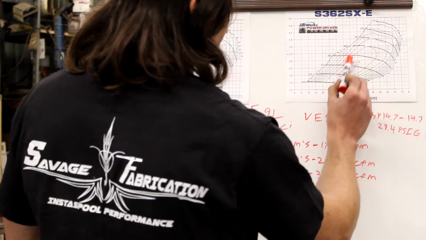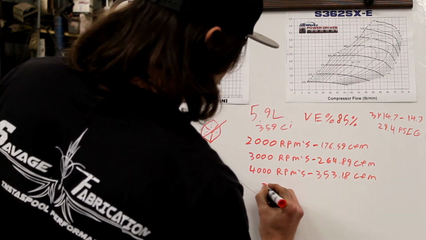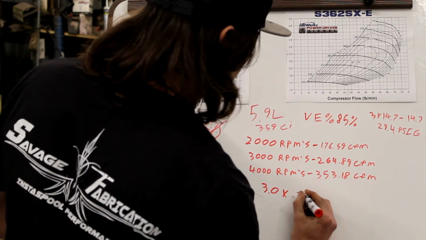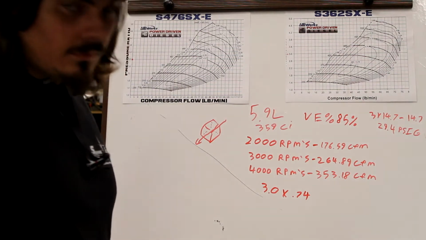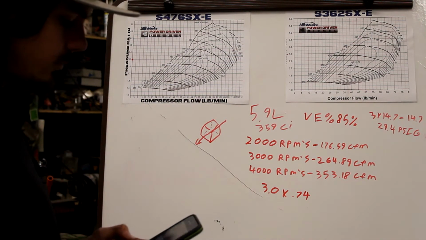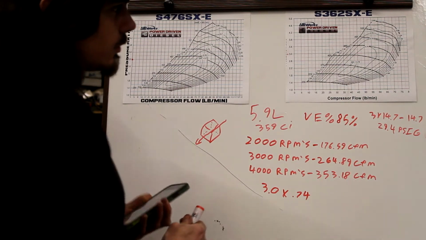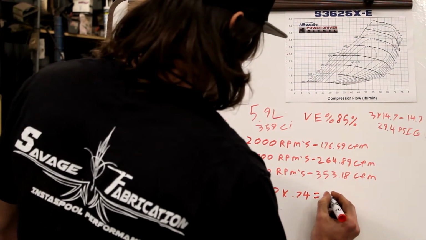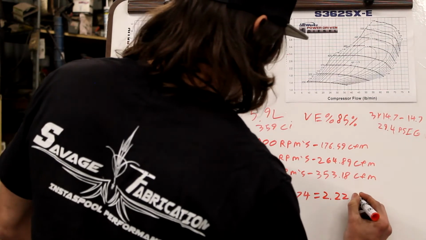So we take 3.0 times 0.74. This is going to give us our density ratio. 3.0 times 0.74. So our density ratio without any intercooling after the turbocharger is currently 2.22.